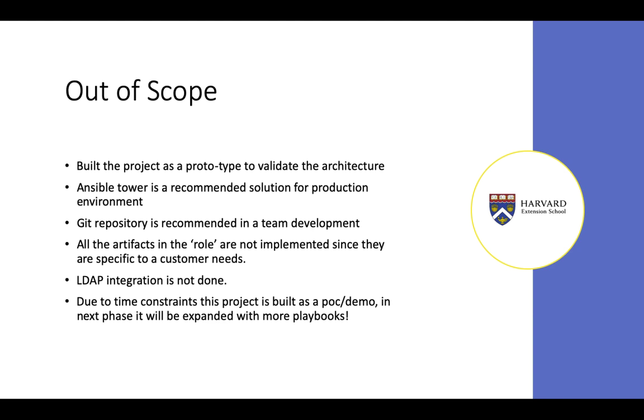So what is in the scope? My scope is a very simple one, as you can see. I didn't include any production-ready solution, for example hundreds of servers, or maybe creating very complex implementations. That is where Ansible Tower comes in. And of course, a Git repository is typically recommended for any development in a DevOps scenario, but I'm not using that.